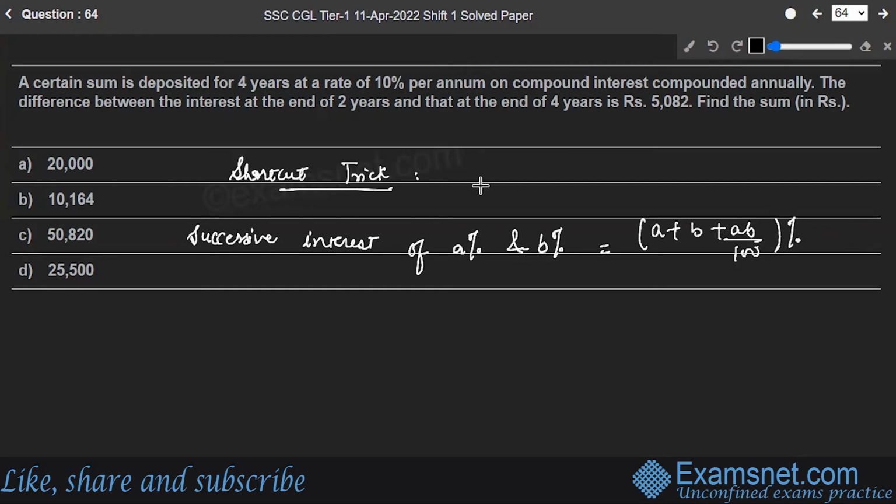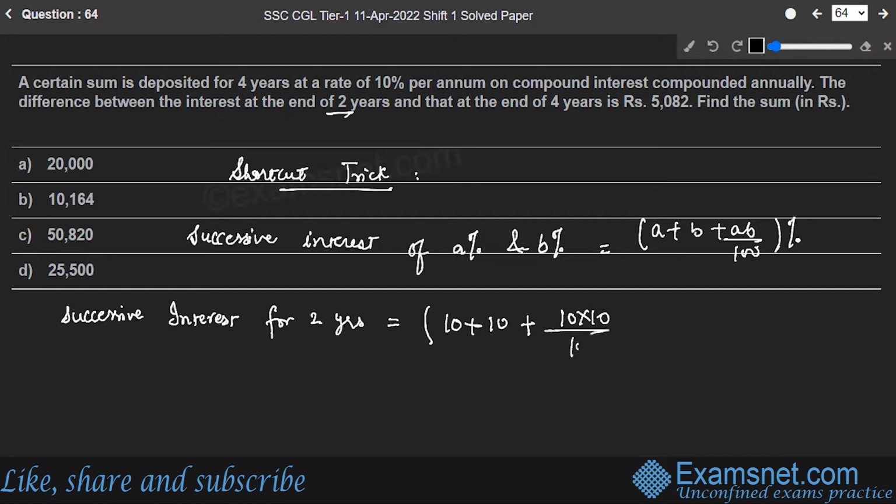So first of all, if I'm calculating for 2 years, the successive interest for 2 years is equal to 10 plus 10 plus 10 into 10 upon 100%. Why? The A and B both are 10 in these cases. Initially, the first year's interest was 10% only, so it is 10. So I'll be taking the A as 10 only. Right? This comes out to be 21%.